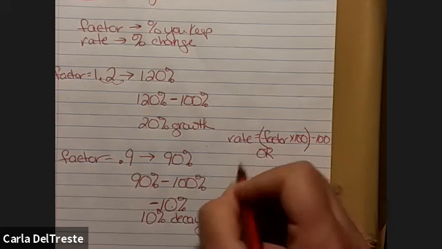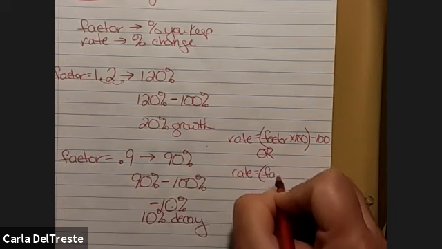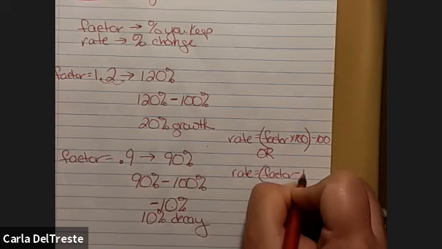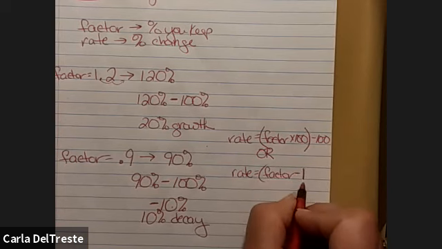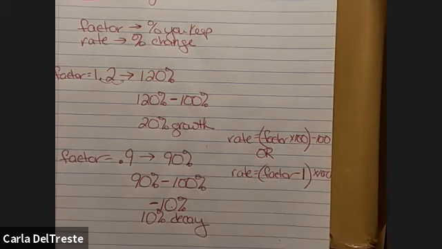Or if you don't want to think about it as percentages, you could do factor minus 1, because you still have to take away that original, and then you convert it to a percent, and it's times 100. But the bottom line is that rate is always going to be interpreted as a percent. Factor is usually not a percent, okay?